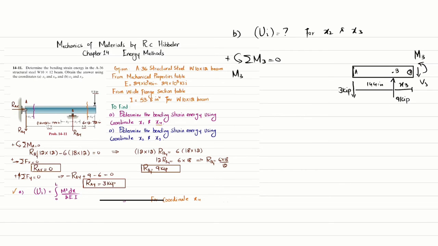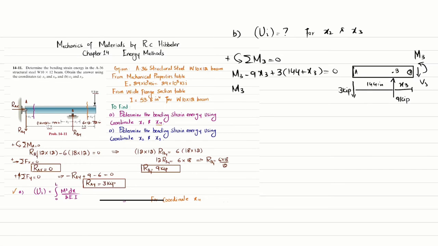The second moment is this 9 into perpendicular distance x3, and this is clockwise, so it will be negative. So minus 9 into x3, and the last moment is due to this 3 kips load, and the perpendicular distance is 144 plus x3, and that will be counterclockwise, so it will be positive. So I will write plus 3 into 144 plus x3 is equal to 0.